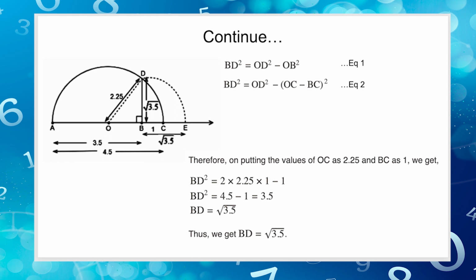Students, notice that the triangle OBD is a right angle triangle. So, by using the Pythagoras theorem, we can find BD equals root 3.5.